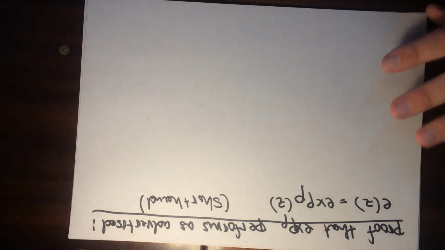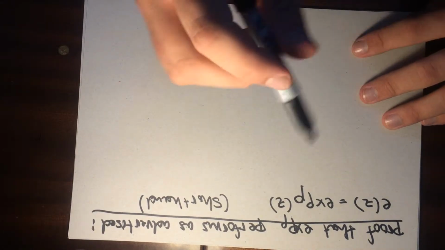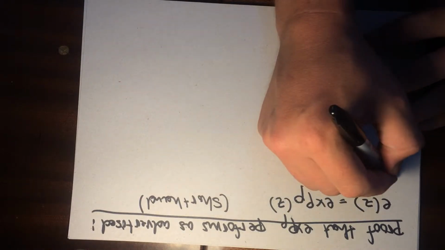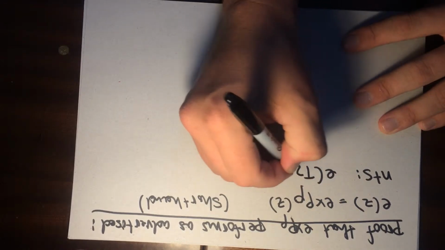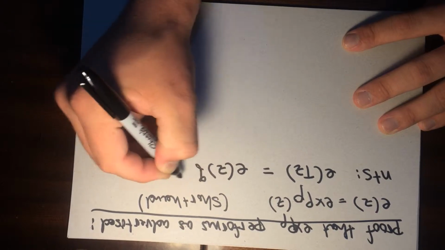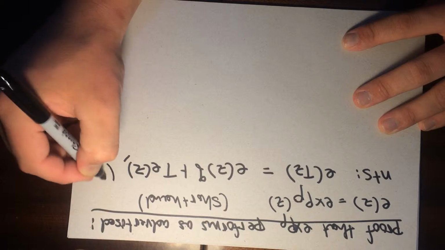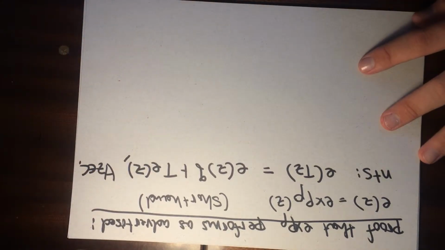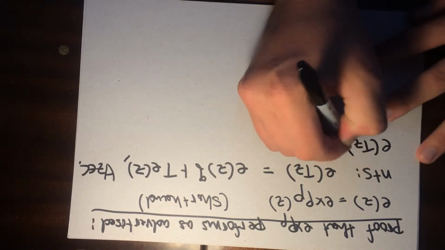And the proof is really straightforward. So what do we need to show? We need to show that e(Tz) equals e(z) to the q plus T times e(z), for all z in C. And to do this, we're just going to use the formula.